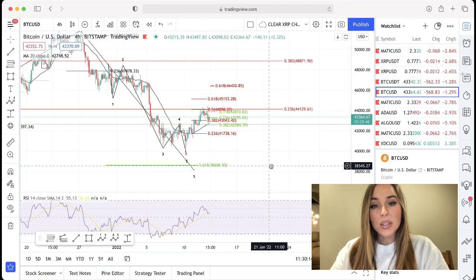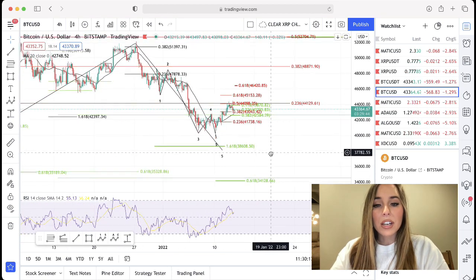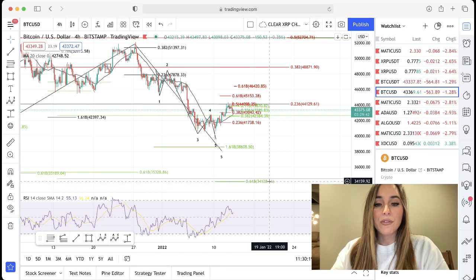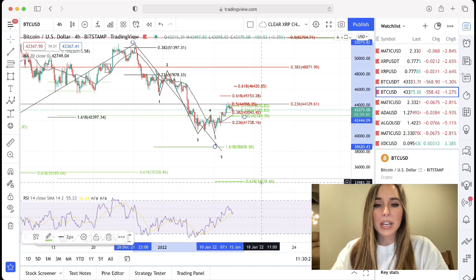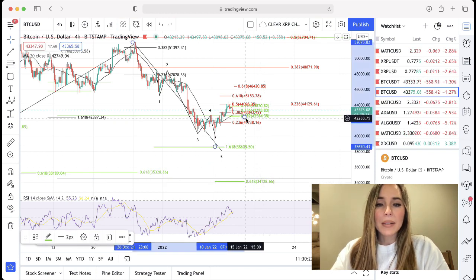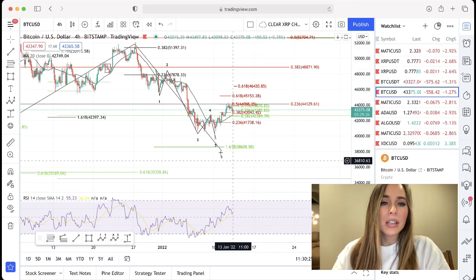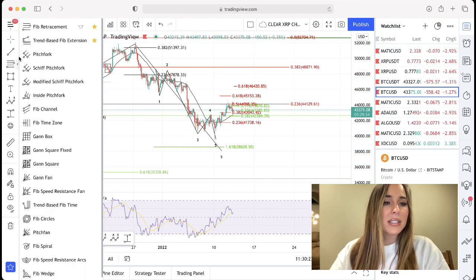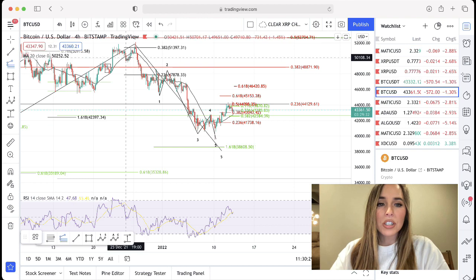So if this is a wave 4, let's get our targets as if this is a wave 5 coming down here, which is the 0.618 fib. And I'm going to show you how I get that and just create a new one. It's the trend-based fib extension tool.